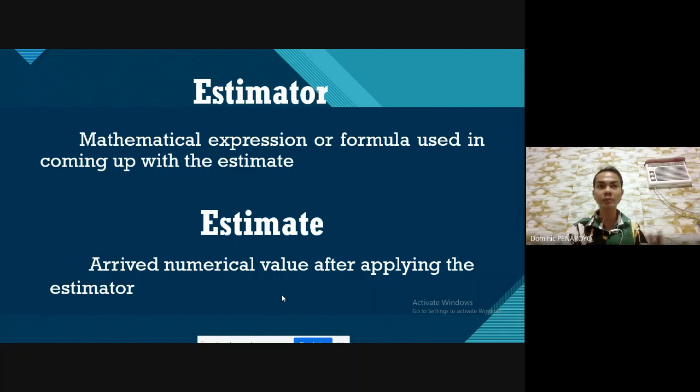For example, my birth year is 1994. So you will subtract it from the current year, and you will arrive at an answer that is 27. So that operation or that formula is what we call an estimator, and the answer that you get using that estimator is what we call the estimate. I hope that the difference between the two is clear. Okay, so let's proceed.